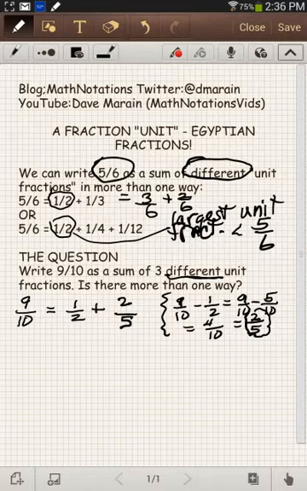Are we done? Well, I did ask for 3 different fractions, and furthermore, 2/5 is not a unit fraction because it has a numerator of 2. So we're going to repeat the procedure. We're going to break 2/5 down. This time, we're not going to start with 1/2.